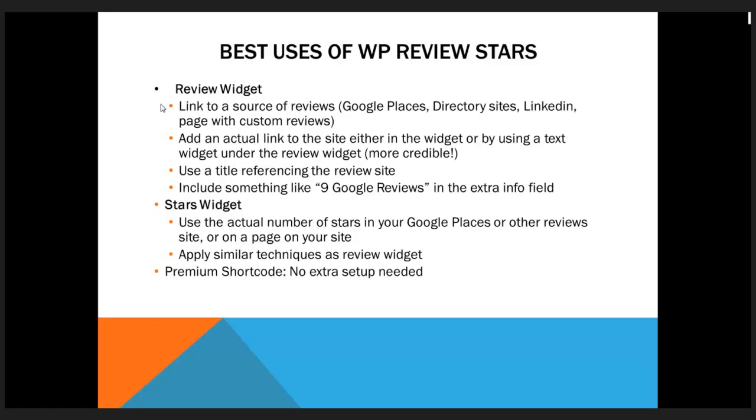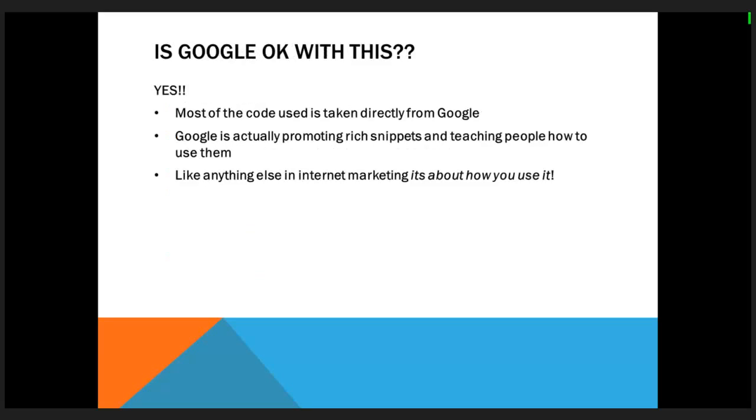So you can use Google, LinkedIn, Insider Pages, Yelp, basically any of those sites. It doesn't really matter. You're just trying to make it clear that you have reviews somewhere in case someone reports your page, because Google does have a page where you can report bad use of rich snippets.